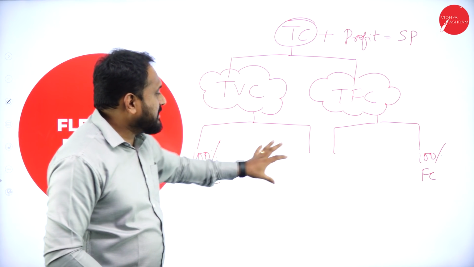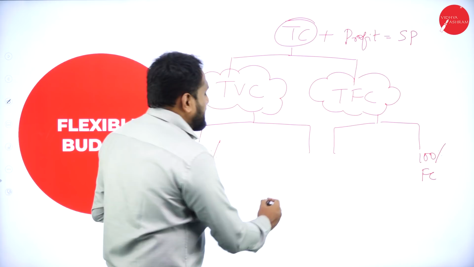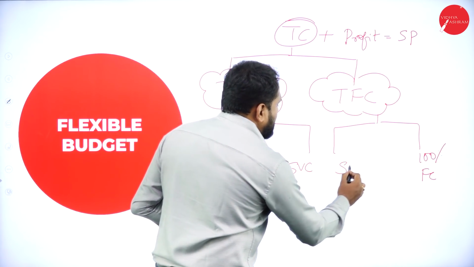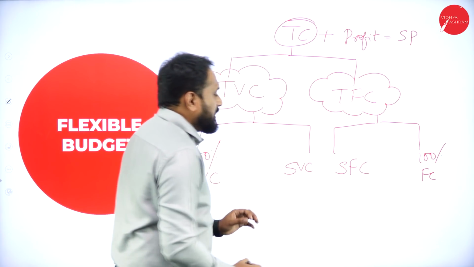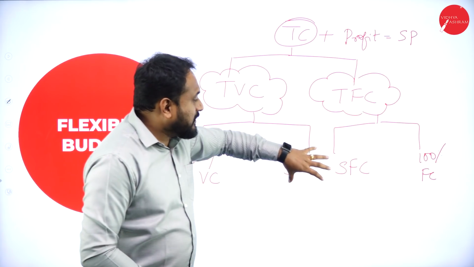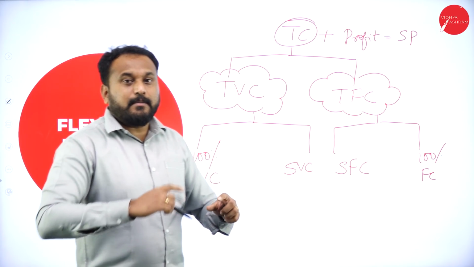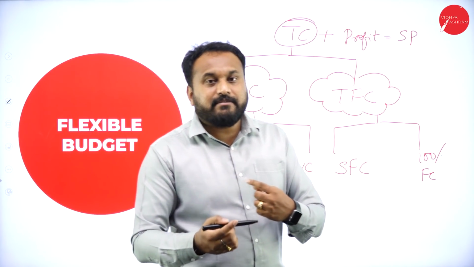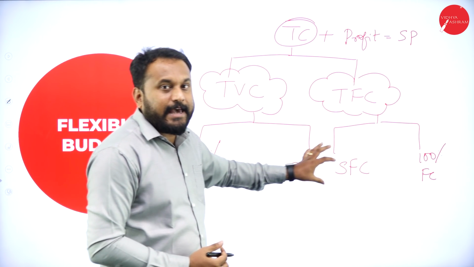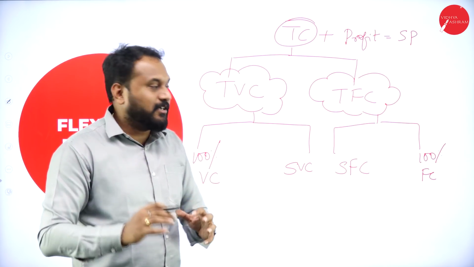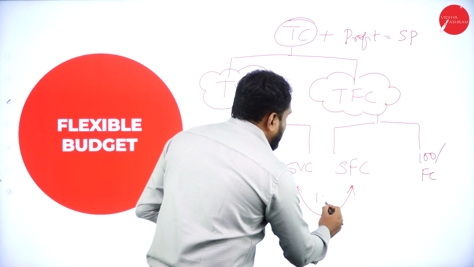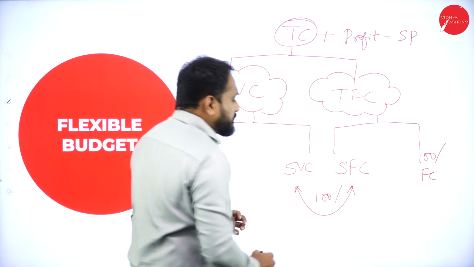Now understand, what are these two things here? We call these semi-variable cost and semi-fixed cost. That means there are a few items where both costs are given, semi-variable and semi-fixed. But the logic here is, if you add semi-variable and semi-fixed, you should get 100%.